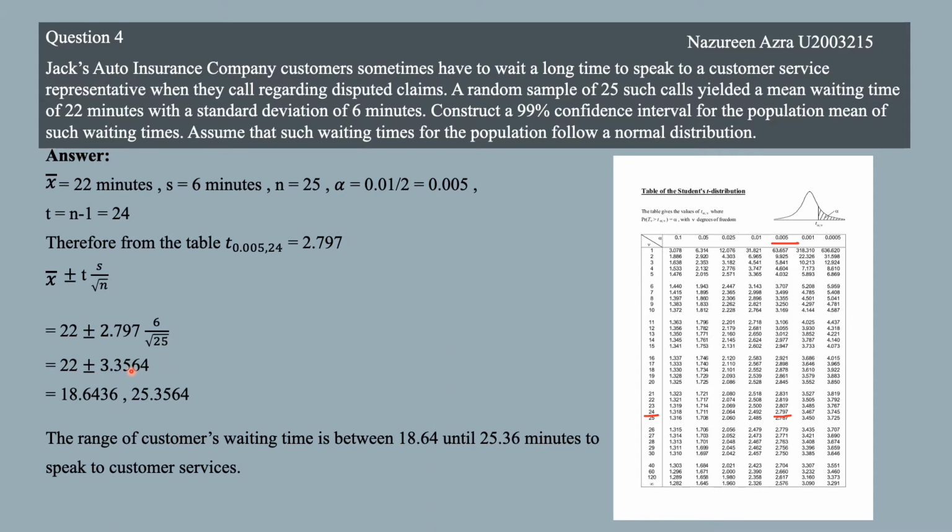So 22 minus 3.3564, we will get 18.6436. And if we add it, we get 25.3564. So in conclusion, the range of customers' waiting time is between 18.64 and 25.36 minutes to speak to customer services.